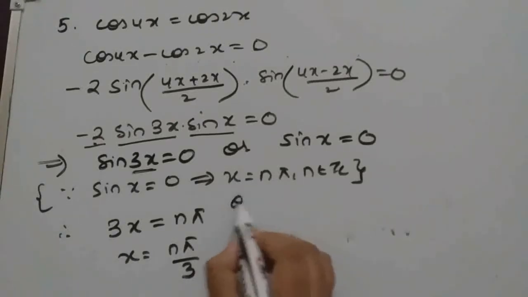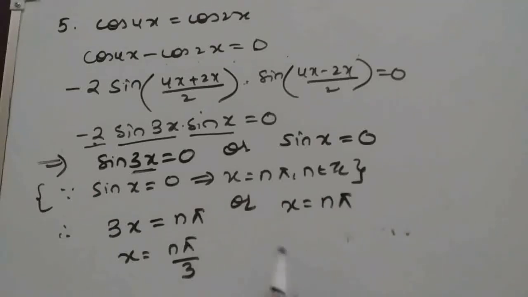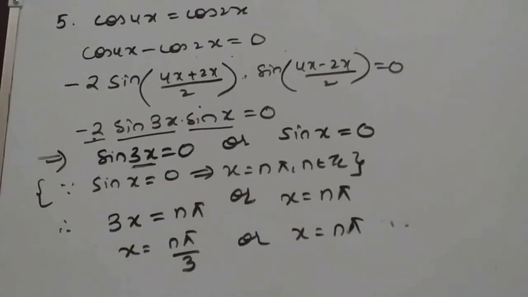Or for this one directly x equal to n pi. So these are the general solutions for the equation.